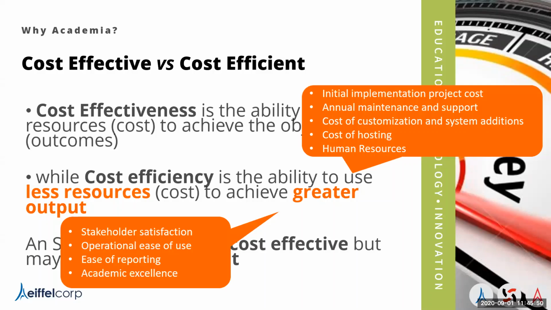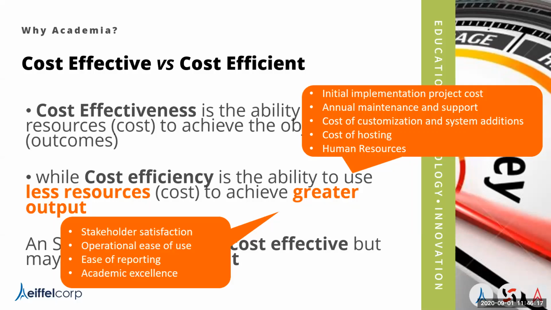Now, if we look at the less resources, where does this have an effect in your system? Your initial implementation project cost, of course, that's usually where you start to pay for the system. Your recurring annual maintenance and support cost of the system, the cost of customization and system additions, many times a factor that is overlooked, and only later on the cost of this is realized. The cost of hosting your system, depending on the platform where it is hosted.